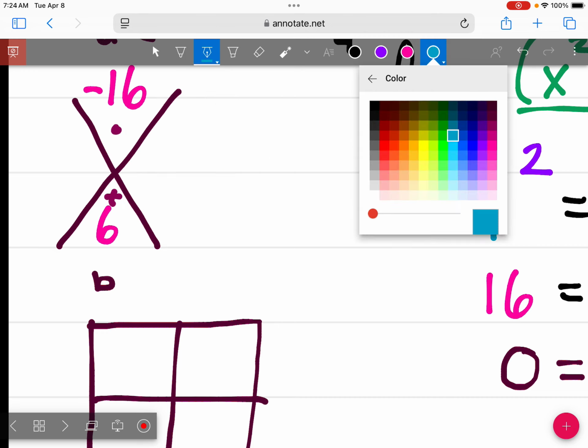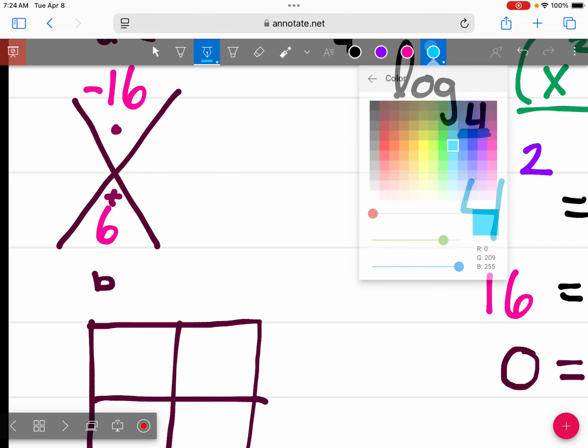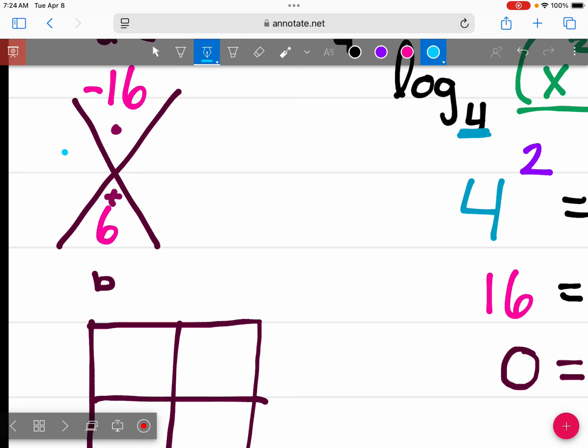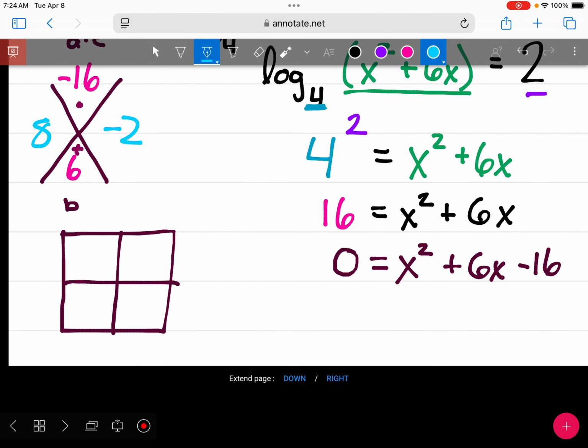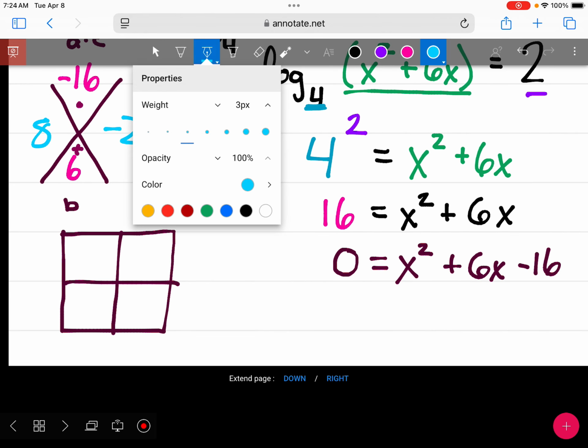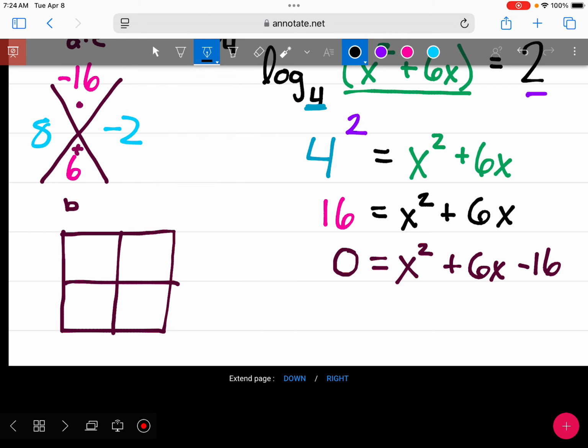8 and negative 2. Yeah, if we take 8 times negative 2, we'll get negative 16, and 8 plus negative 2 gives us a positive 6. So filling in our box over here, we get our x squared from the equation, our minus 16 from the equation, and then these two pieces get this letter.